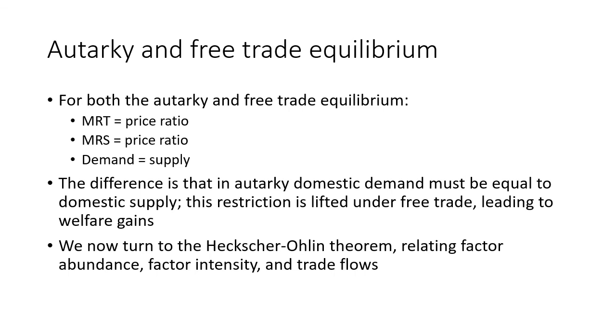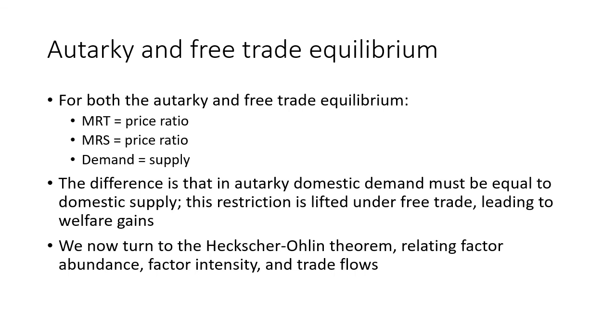Unfortunately, under the first circumstance, when we had autarky, the domestic demand had to equal the domestic supply. Under free trade, we found that that is no longer the case. We didn't need to have that assumption.